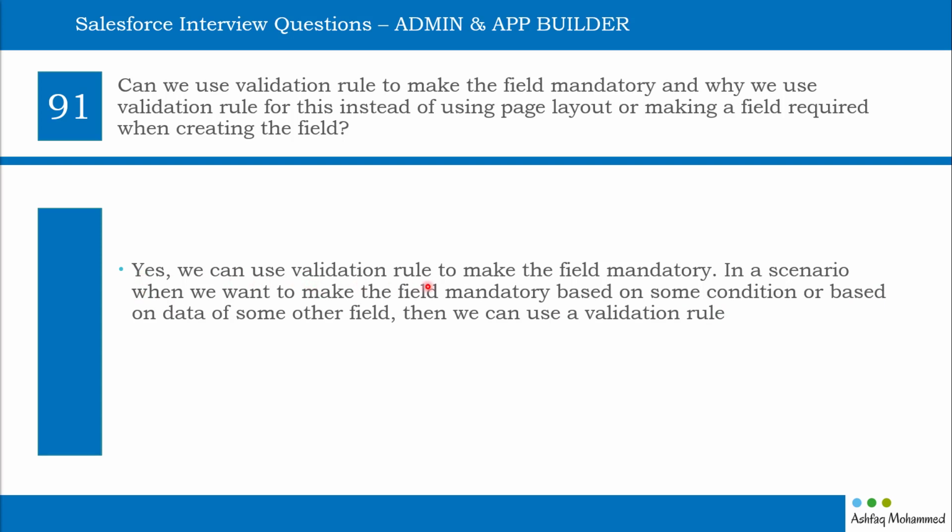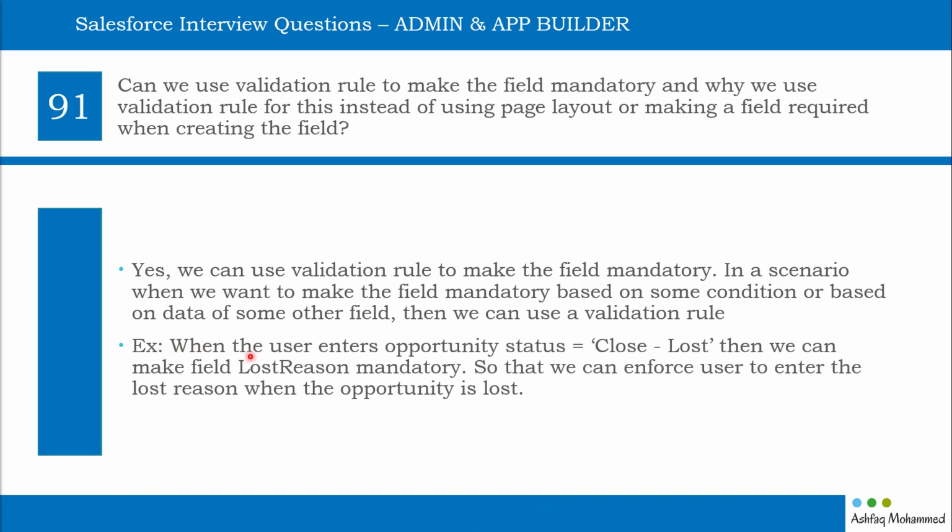Yes, we can use validation rules to make the field mandatory in a scenario when we want to make the field mandatory based on some condition or based on the data of some other field. For example, when the user enters opportunity status equals Closed Lost, then we can make the field Lost Reason mandatory.